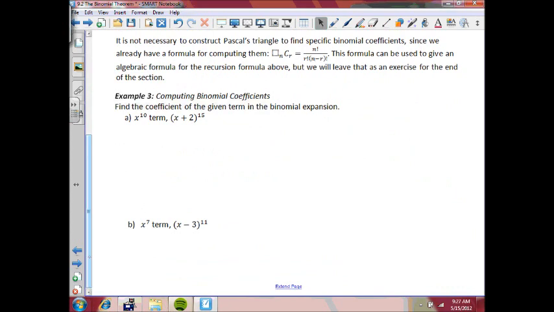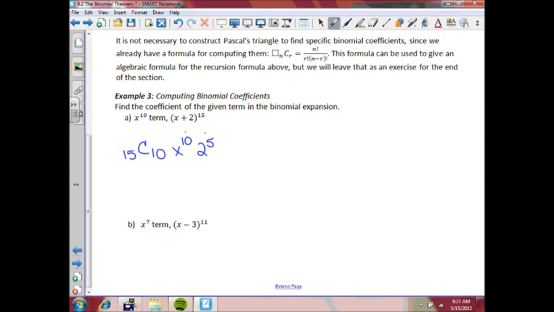Now, in example 3, find the coefficient of the given term in the binomial expansion. Well, we want to find the x to the 10th term in x plus 2 to the 15th. So really, what we're going to be doing here is 15 choose 10, x to the 10th, and 2 to the 5th. One thing that we need to remember, the 10 and the 5 have to add up to 15.